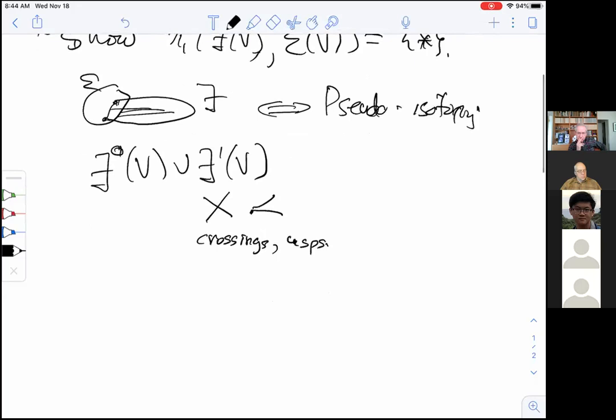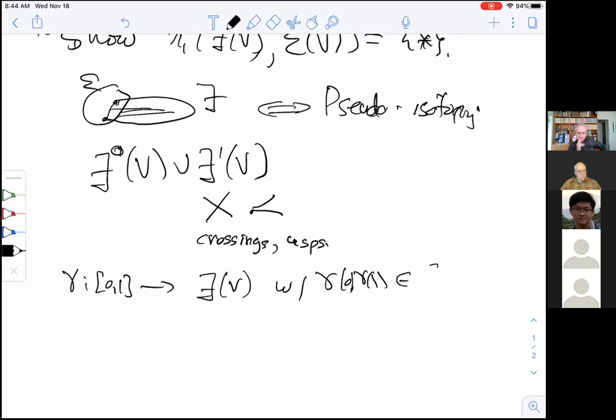And any path gamma in F with gamma naught and gamma 1 in E, so any of the kind of paths we're considering, can be approximated as homotopic by a small deformation, rel endpoints, to a path gamma in F naught union F1.